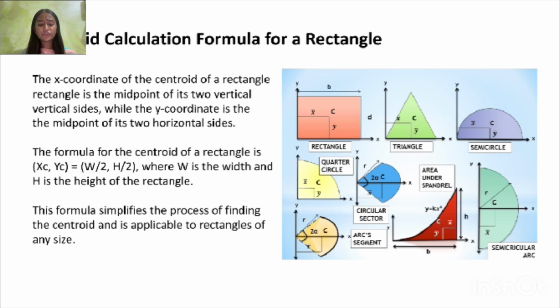We can see different types of shapes: rectangle, semicircle, triangle, quadrant circle, area under spandrel, circular sectors, arcs, segments, semicircle arcs, etc., which are clearly shown in the diagram.